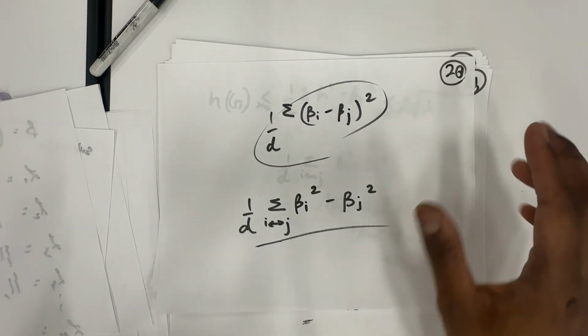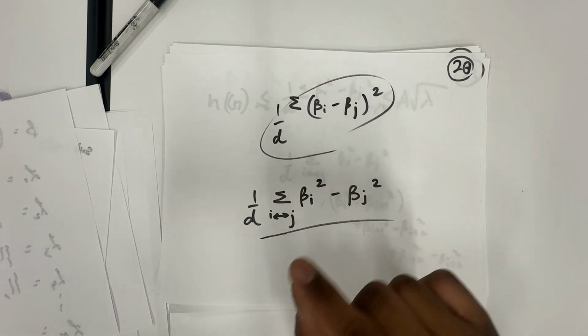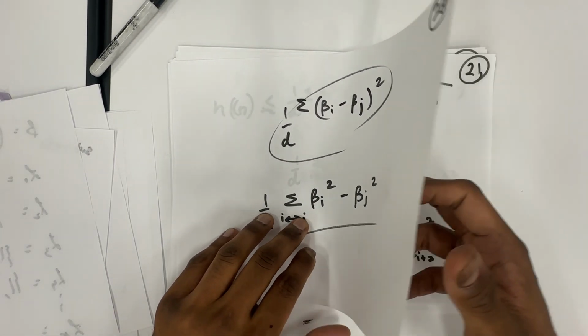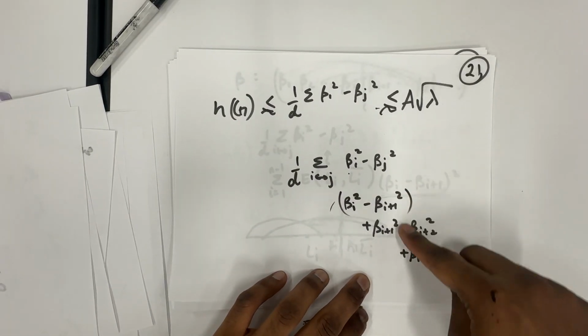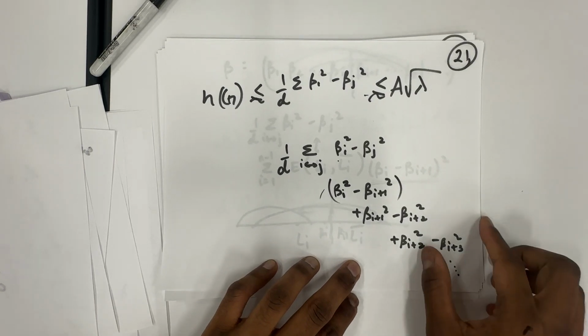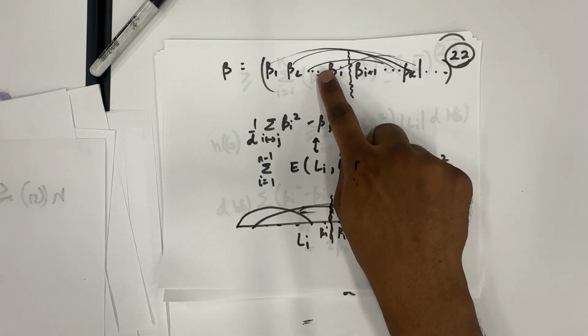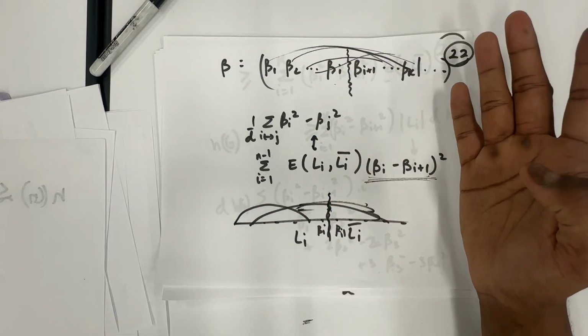So to show that h of g is less than this, what we did was write the level sets and take a sum and see that all the edges which are telescopingly summing up are only appearing when they cross some sort of a boundary. So we wrote this in a telescoping manner, and we saw that they only contribute when there is some boundary, when an edge crosses this boundary. And what is this boundary?